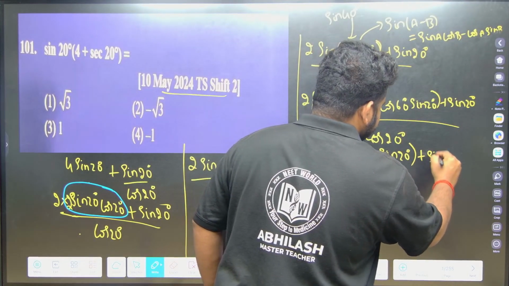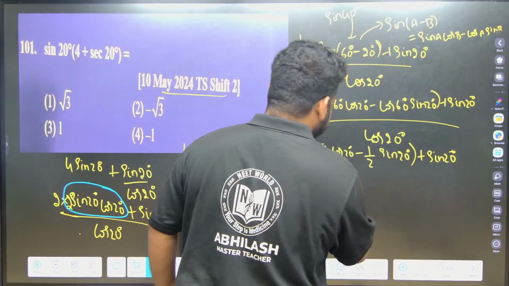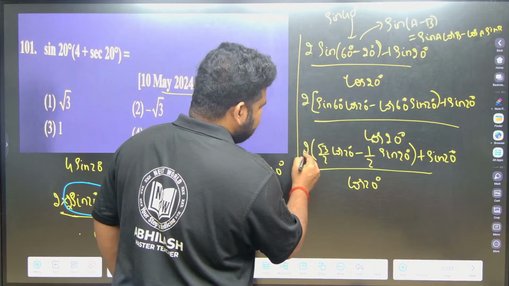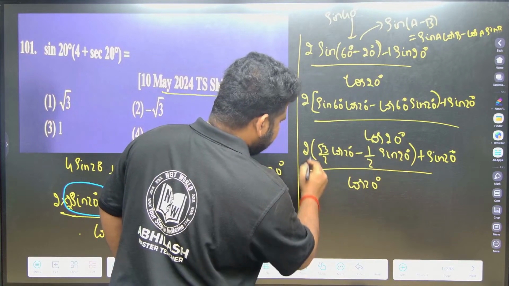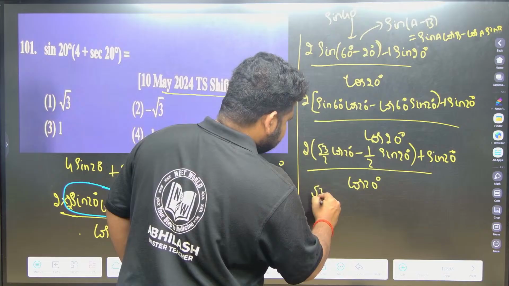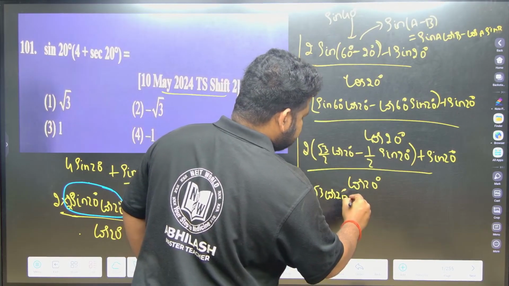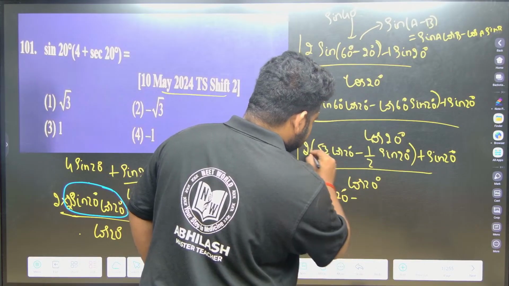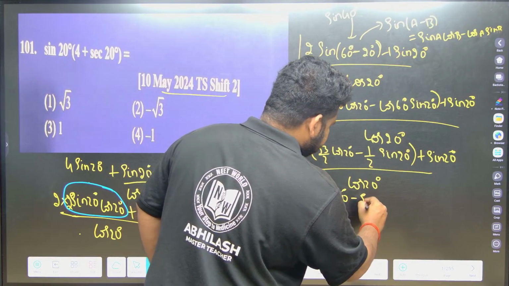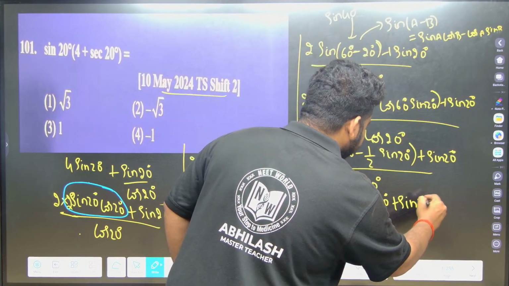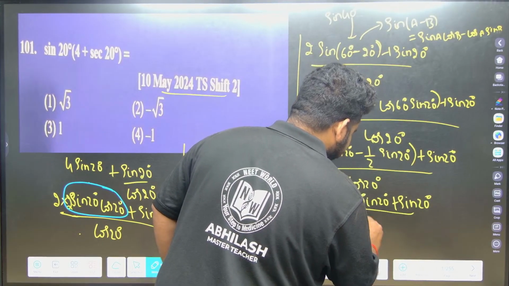plus sin 20 divided by cos 20. Now, if I multiply this entire thing by 2, I will have 2 into root 3 by 2, which is root 3 cos 20, and 2 into minus 1 by 2, the 2s cancel, so I will have minus sin 20 plus sin 20 divided by cos 20.